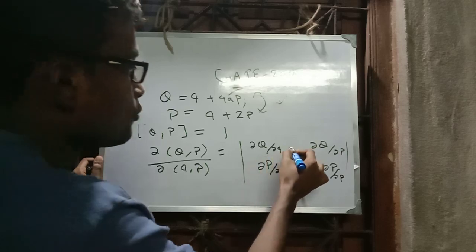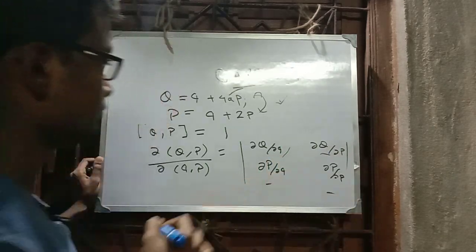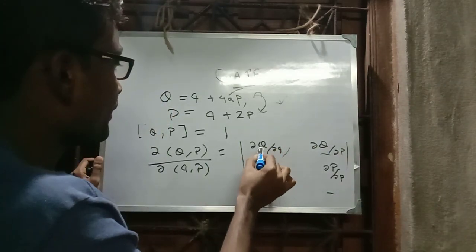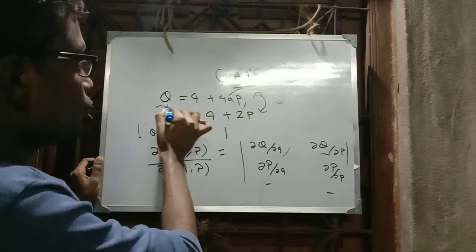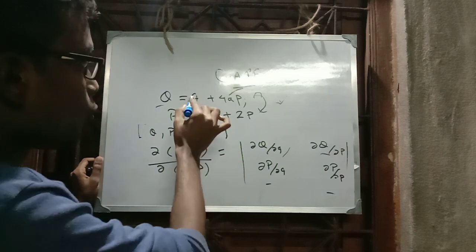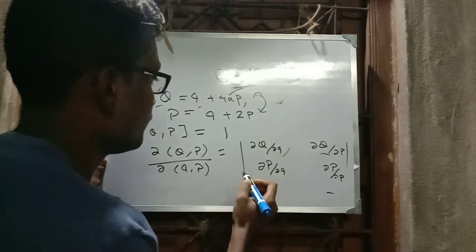Now I have to find the values of these. Delta capital Q delta small q, that means the differentiation of capital Q with respect to q, is 1.